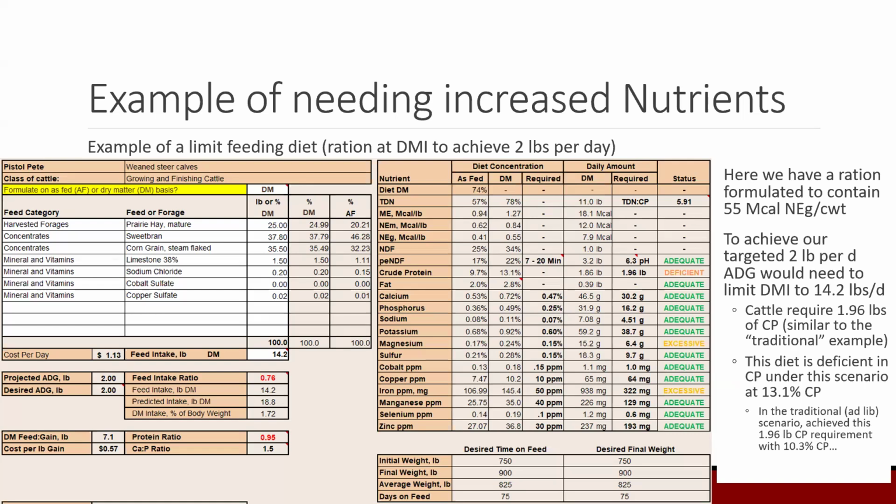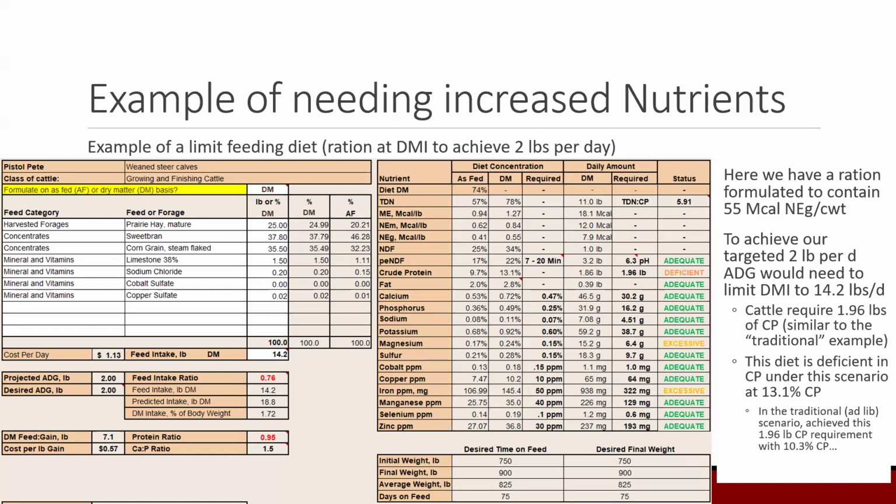NEG is 55, NEM is 84. So to achieve our targeted 2 pounds per day average daily gain, we would need to limit feed these animals 14.2 pounds per day. Cattle still have a 1.96 pounds of crude protein requirement to achieve that 2 pounds per day. If I did not change anything else, we are now deficient in crude protein.